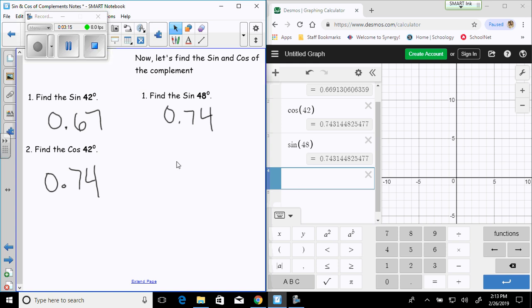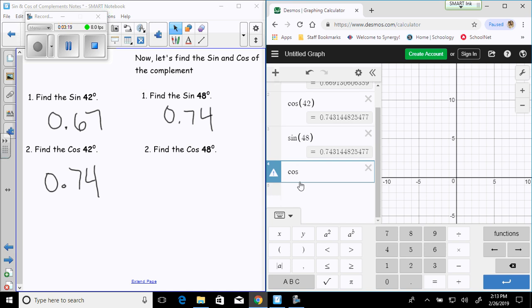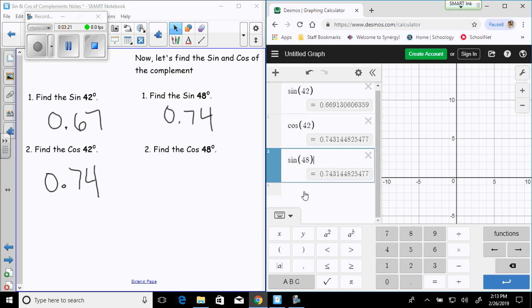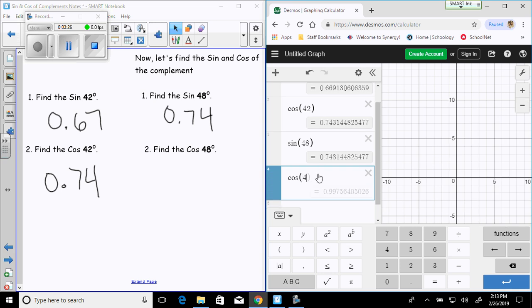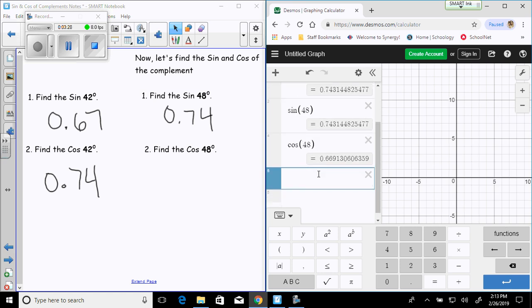And then let's find the cosine of the complement. Functions, the cosine of 48 degrees, which is 0.67.